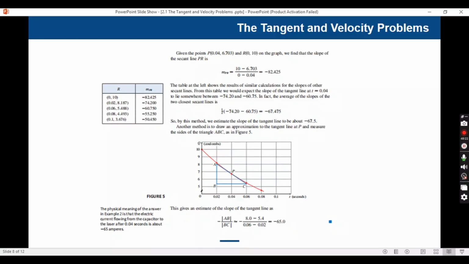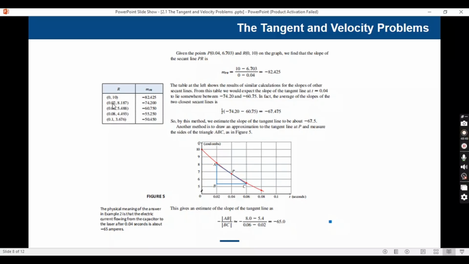Okay, so what they did is that they used the method that you used, the first one, but they did it for all of the other points that we had, all of the other points besides the 0.041.